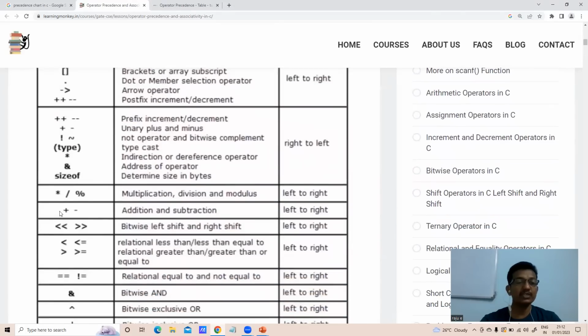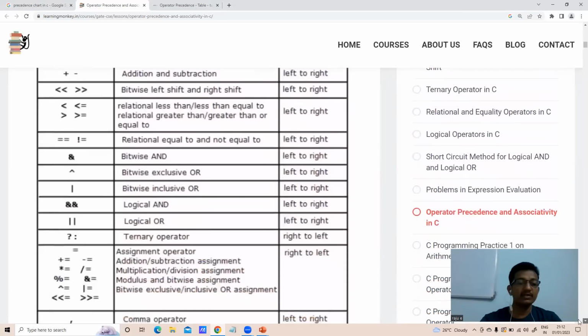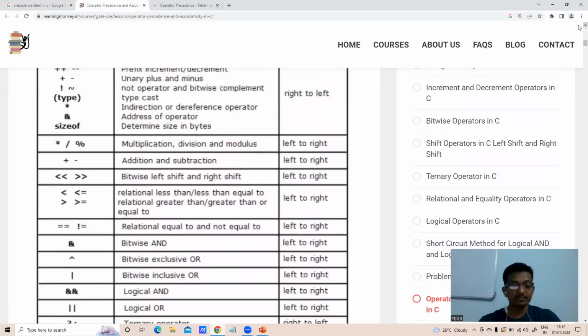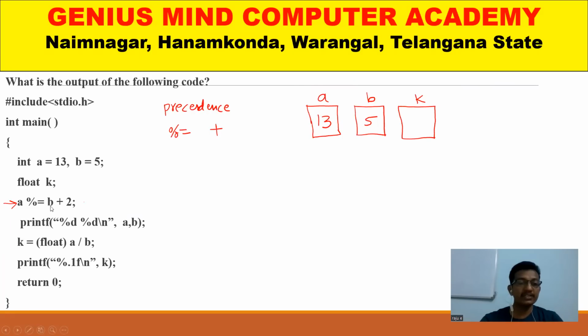Now if you see the chart, here we have the addition operator. Then if you move down the chart, at the bottom we have, see here, mod equals to. So that means the addition operator has high precedence, and this addition operation is carried out first.